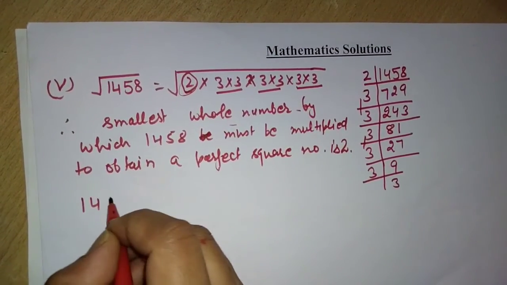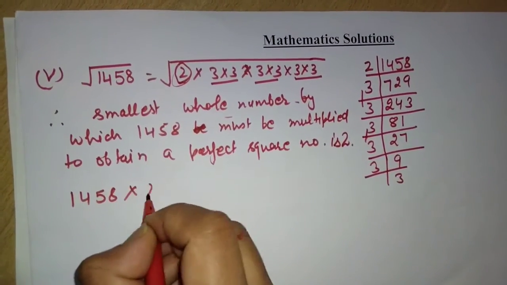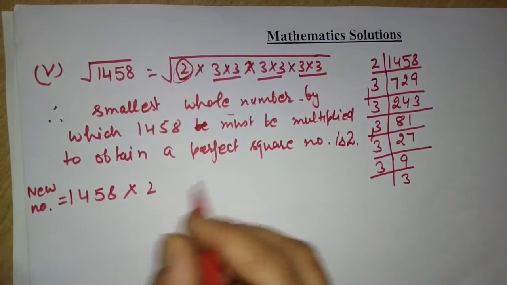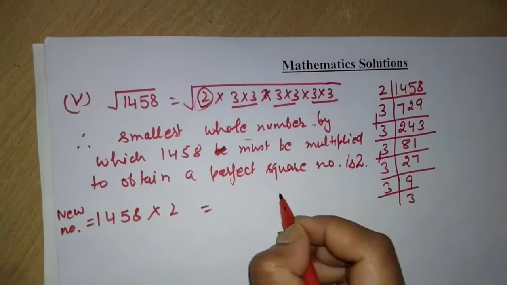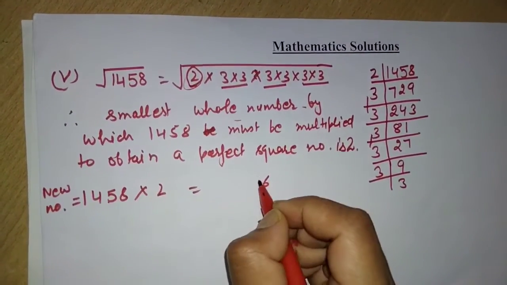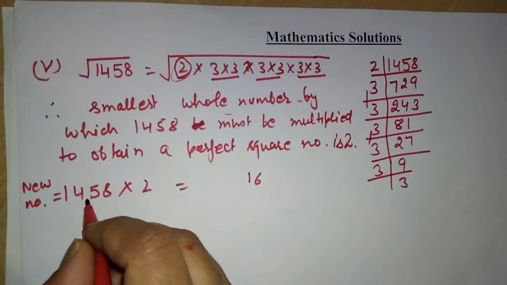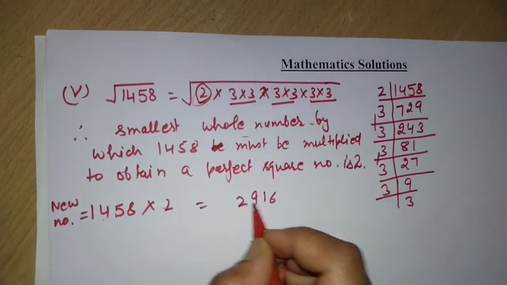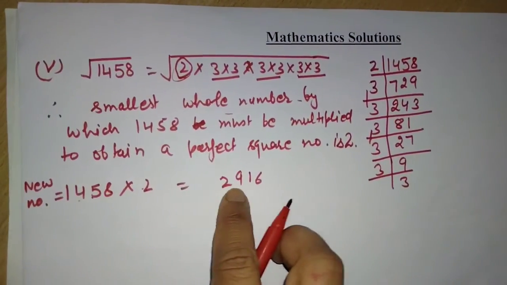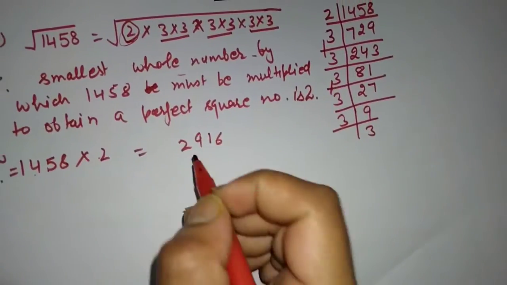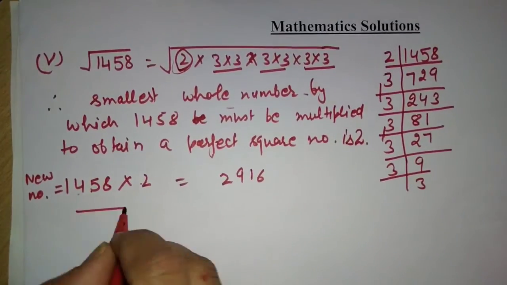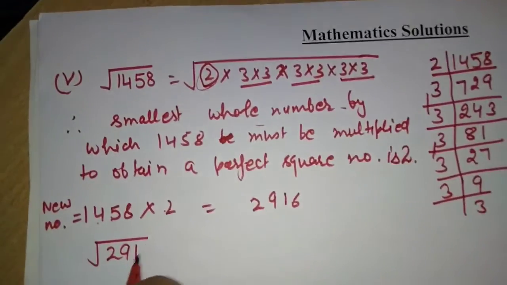So let's multiply the given number by 2. This will become the new number. 2 8s are 16, 2 5s are 10 and 1 is 11, 2 4s are 8 and 1 is 9, 2 1s are 2. The new number is 2916. Now we have to find the square root of this number as well.